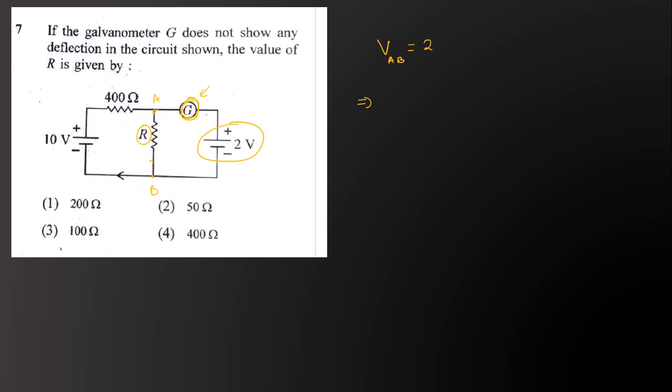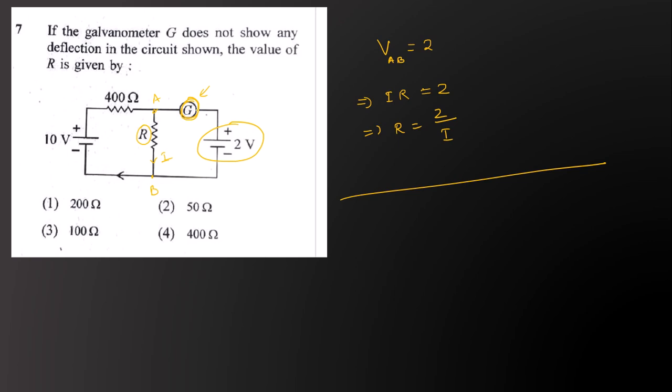Now, if I want to calculate the resistance, how can I do this? According to Ohm's law, the voltage is equal to the current passing through the resistance multiplied by resistance. And in this case, the value of the resistance will be equal to 2 by I. Now, since I do not know I, let's look into a different aspect.